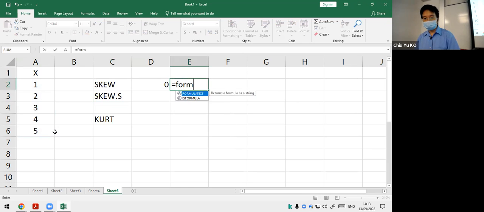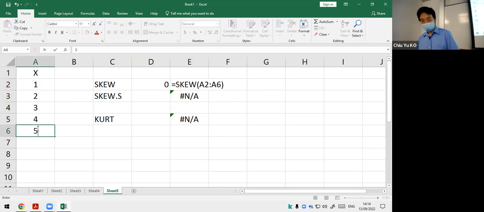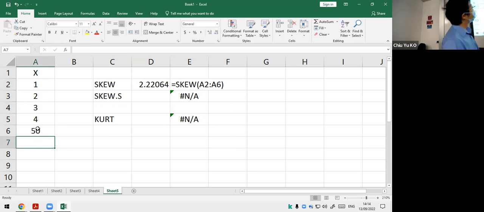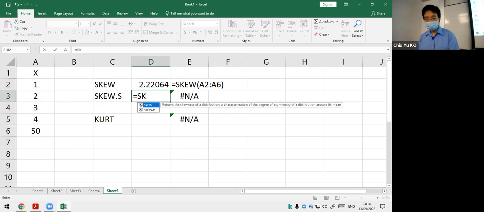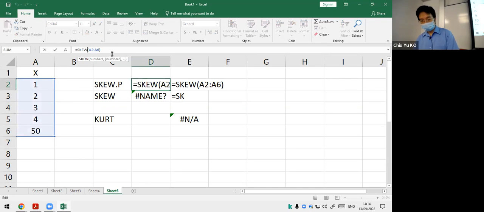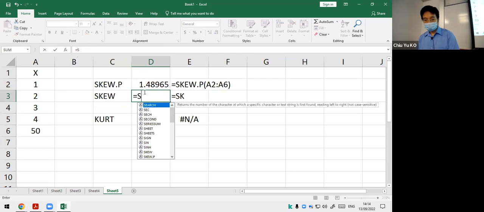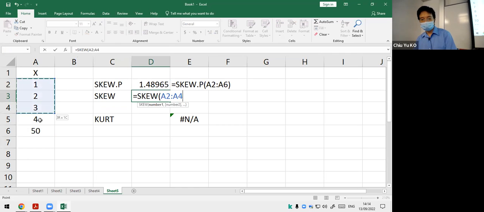You can easily see the skew should be 0 because it's symmetric, right? And you can easily check that if I change it to 50, the skew will be very large. The sample version is the one with the S, sorry, SKEW.P is the population one, and the sample one has no dot.